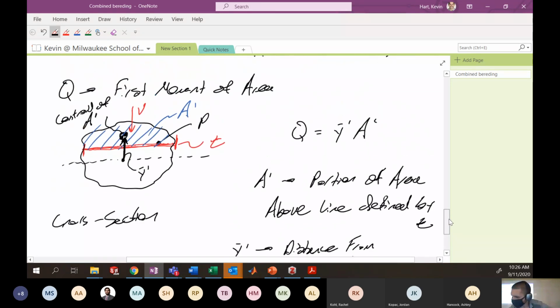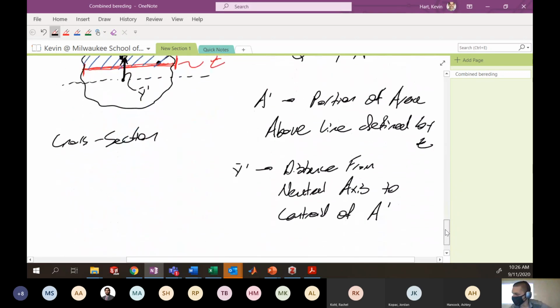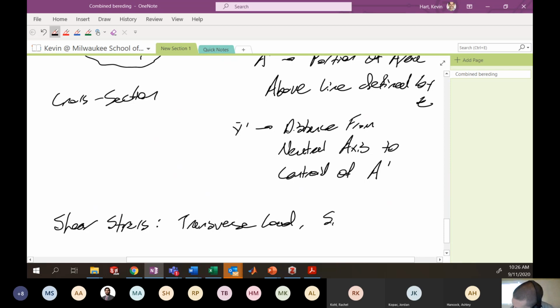Once you've calculated Q, you can come back up here and calculate what the shear stress is at any particular location. As a reminder, looking at shear stress from transverse load, this will be a side view.